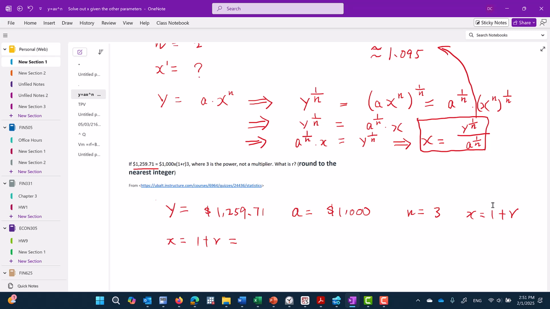That's going to be y over a, all raised to the power of 1 over n.